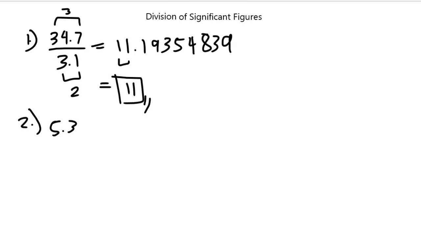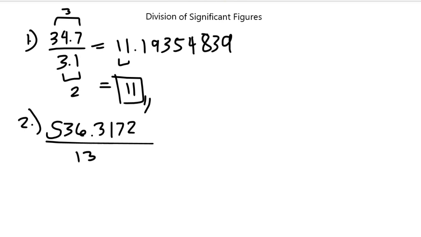So now let's move on to another one. Let's say 536.3172 and then divide that into 13.2.